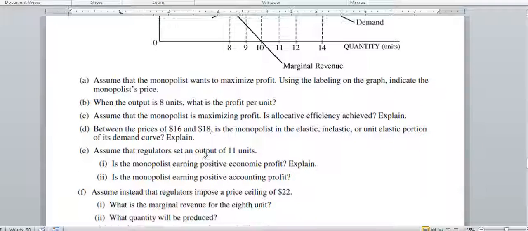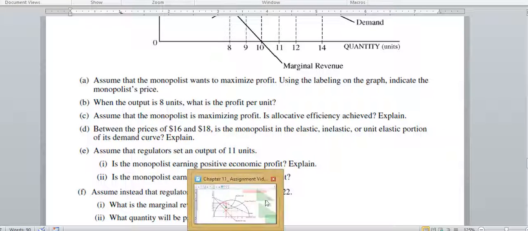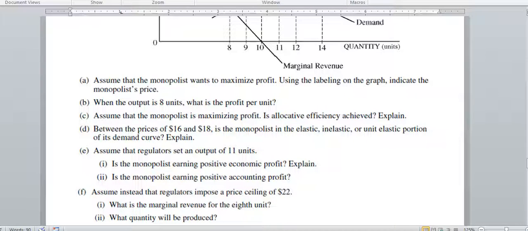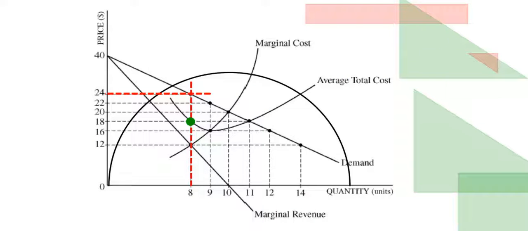Okay, between the prices of 16 and 18, is the monopolist in the inelastic or unit elastic portion of its demand curve? Okay, so we know from our previous problems that the demand curve is going to be unit elastic, an elasticity of 1, where marginal revenue is 0.